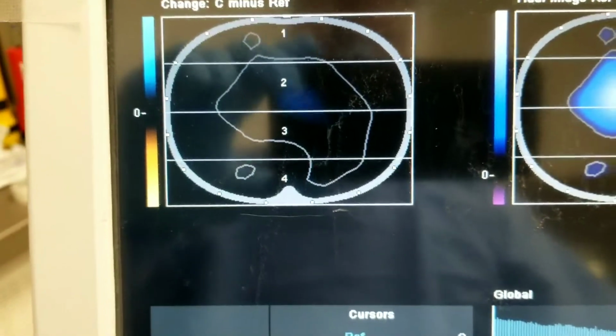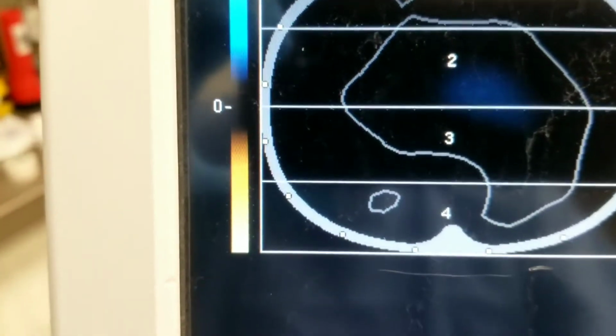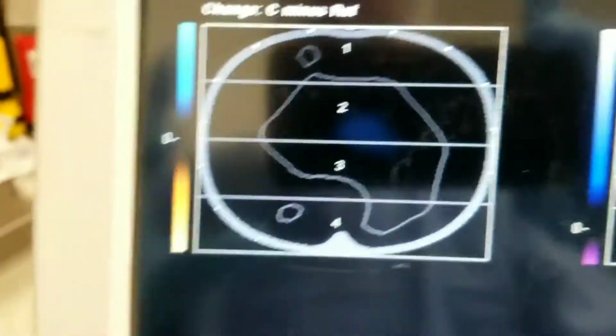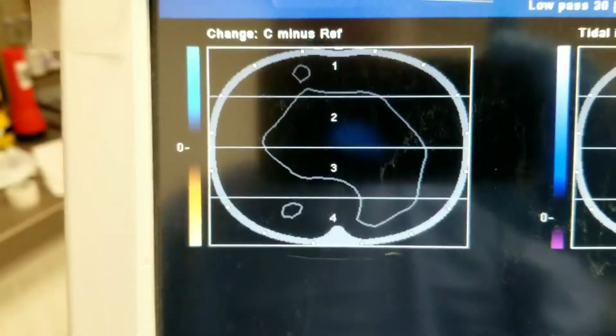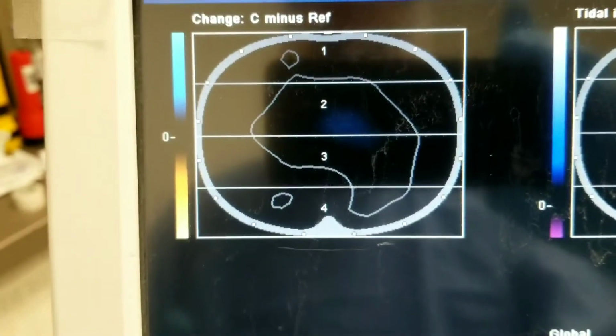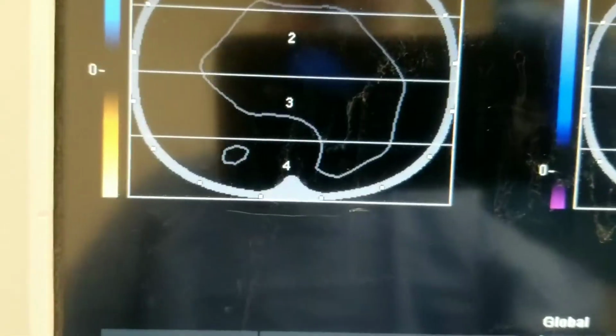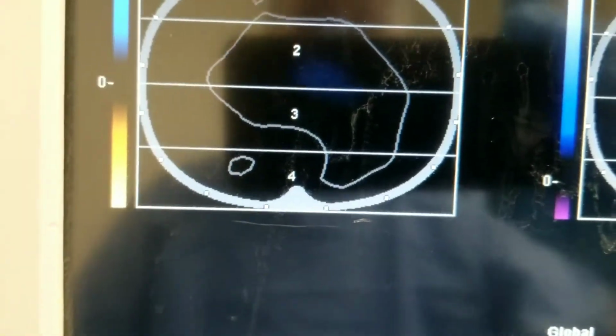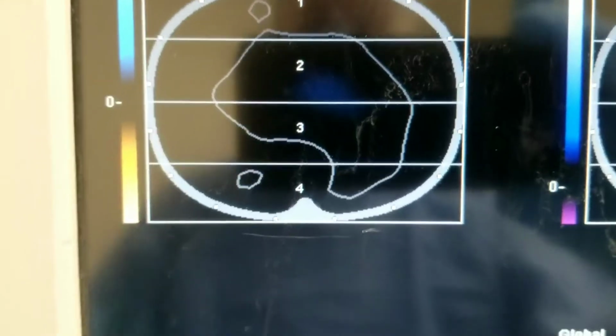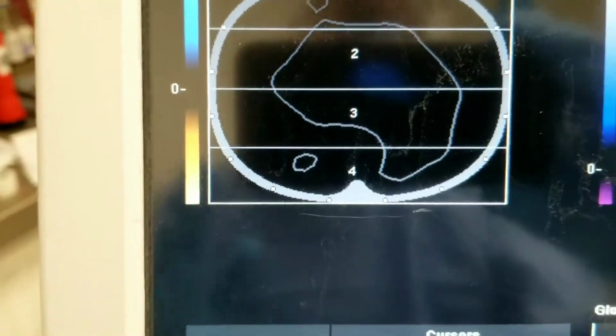So we ended up reducing the Phigh by 2 units of pressure, and we're actually getting better volumes by almost 25 mLs, from 375 to 380 before, and now we're well over 400.